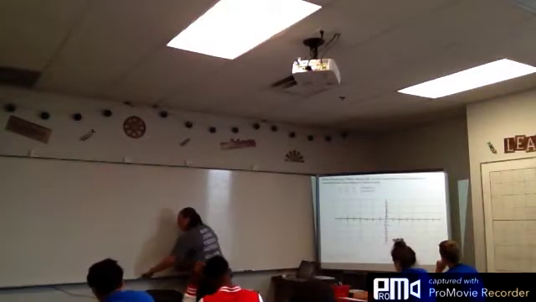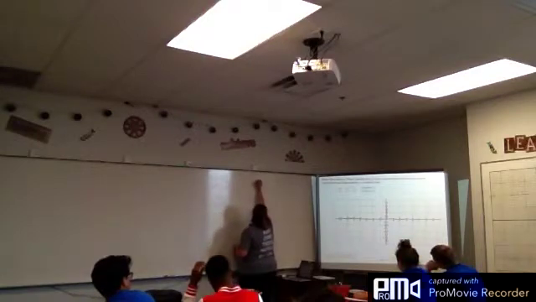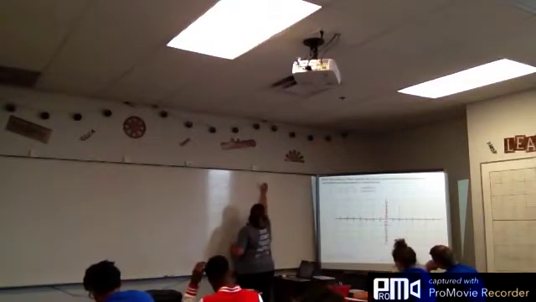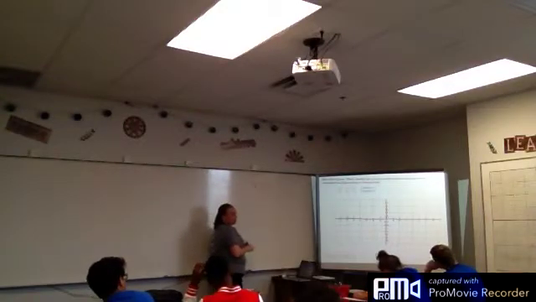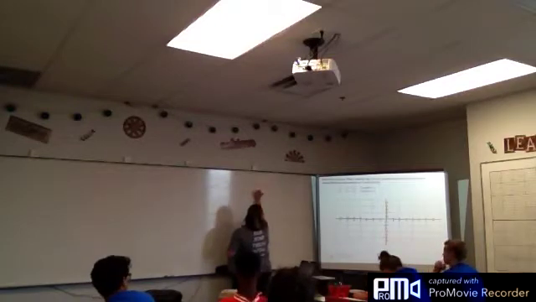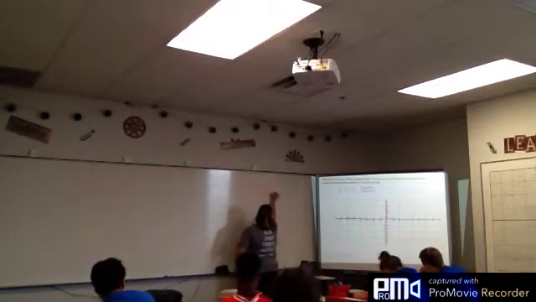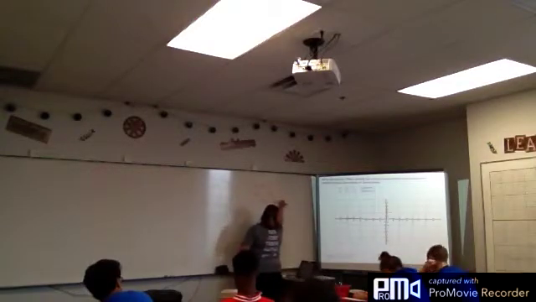So my first equation says 4x minus 3y equals 8. How do I get this into y-intercept form? What do I do first? Subtract the x. Good. So I subtract 4x from both sides, and I get negative 3y equals negative 4x plus 8. Now what do I do?